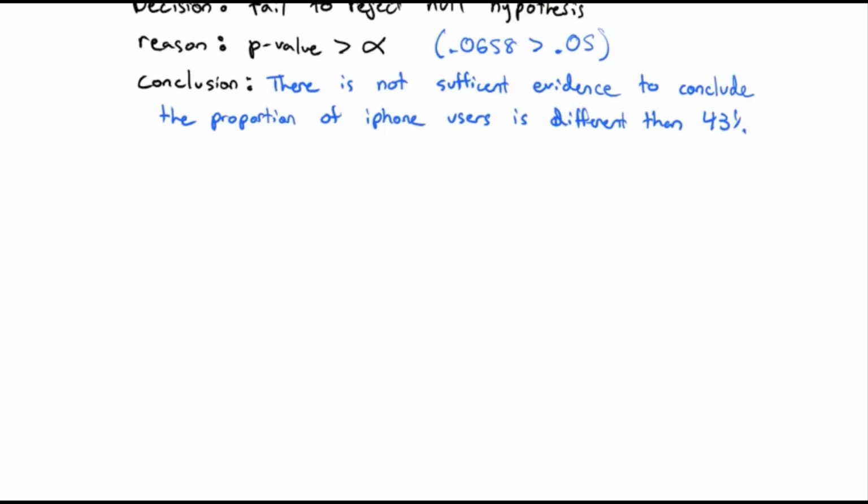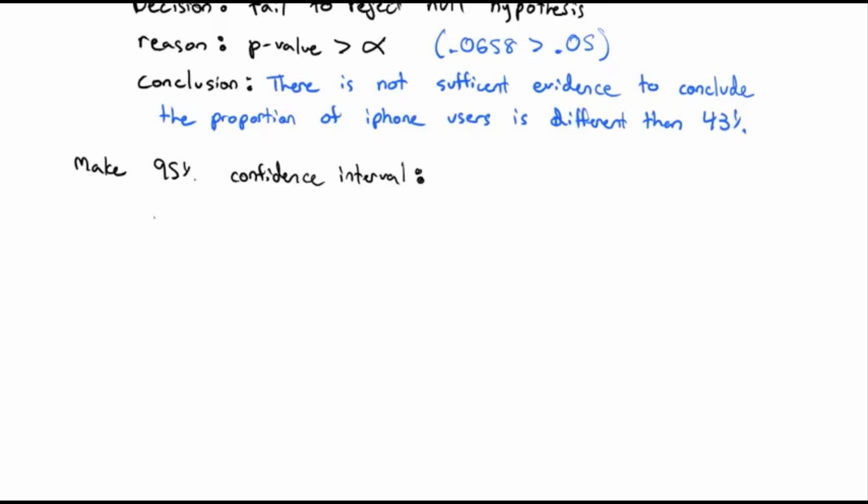Just to kind of make this interesting, and this isn't always required, but it often is with a hypothesis test, let's make a 95% confidence interval for the true proportion based on our sample.